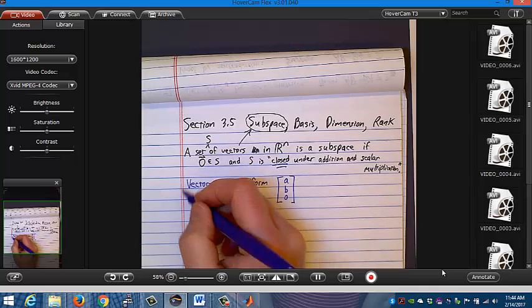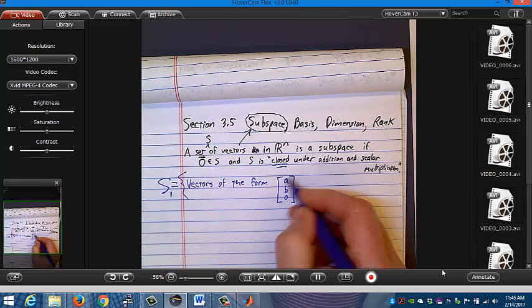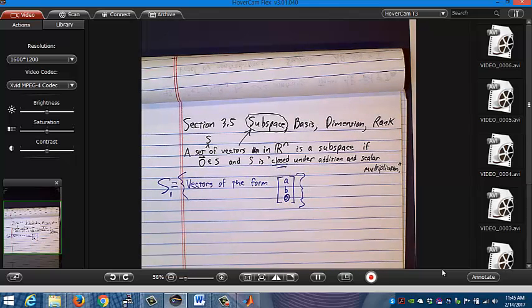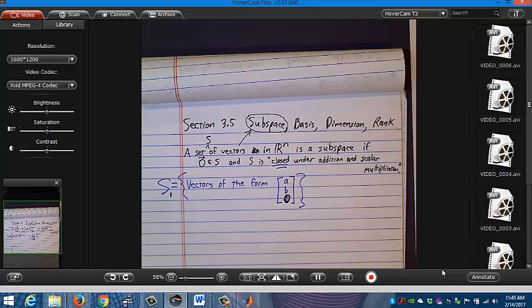Here's a set. I'll call it set number 1, S1. It's the set of vectors of the form A, B, and notice I'm putting a 0 here rather than a C.